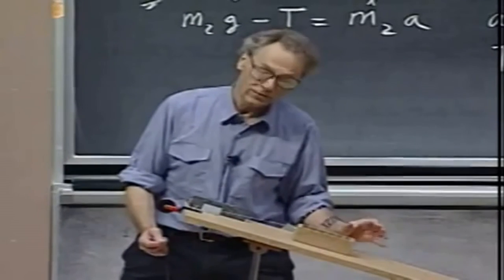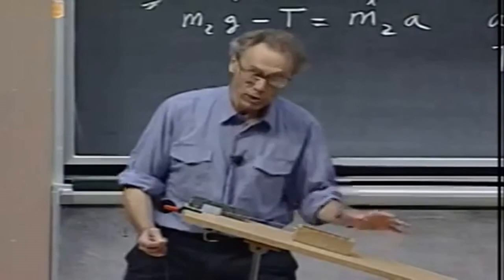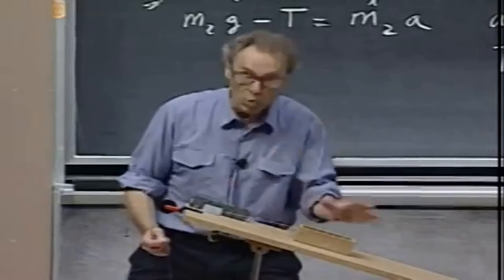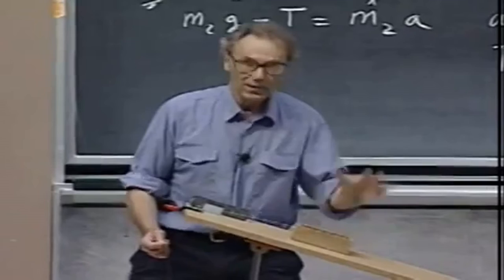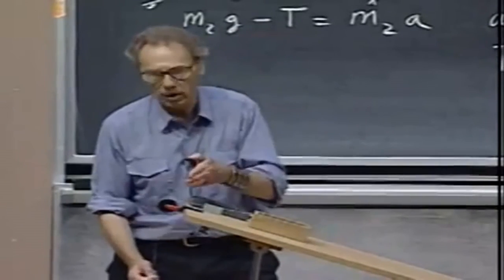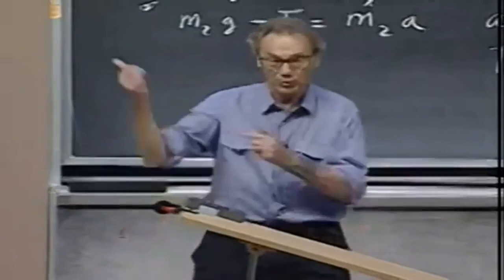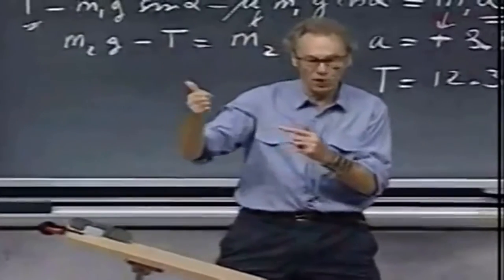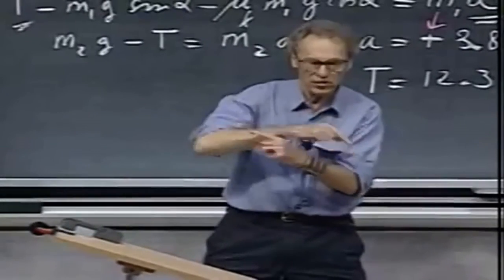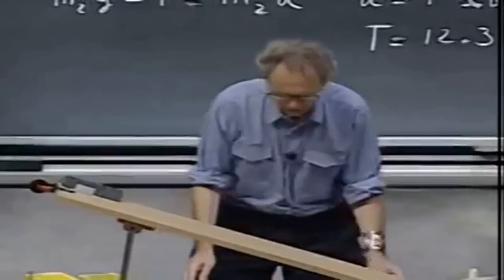The friction grows and grows and grows, fights a heroic battle to not make it go uphill, loses the battle at one point, reaches the maximum value, I put a little bit more on here, and it goes. So this frictional force is really having a rough time, starting off in this direction, slowly becoming less, becoming zero, changing direction, reaching a maximum, and finally losing the battle.